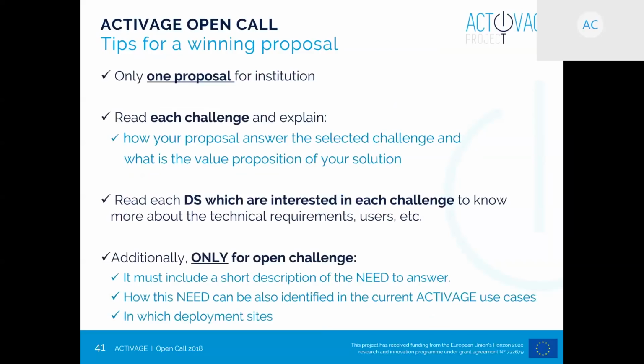Please also read in detail each deployment site and the technical and functional requirements for each deployment site that is interesting for your proposal, and this will help you to prepare it. Additionally, only for the open challenge, proposals must include a short description of the need to answer, how this need can be identified in the current ACTIVAGE use cases, and in which deployment site we can find it.